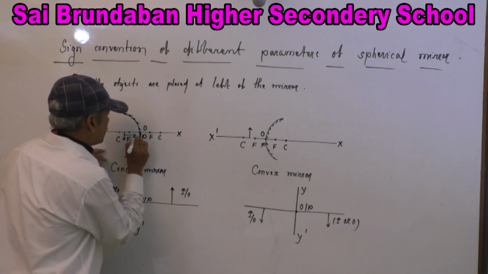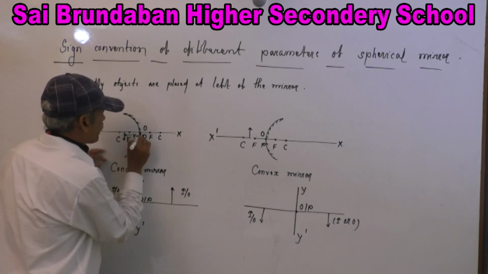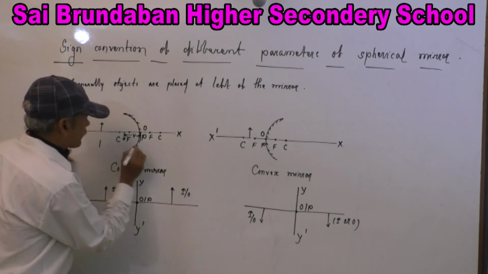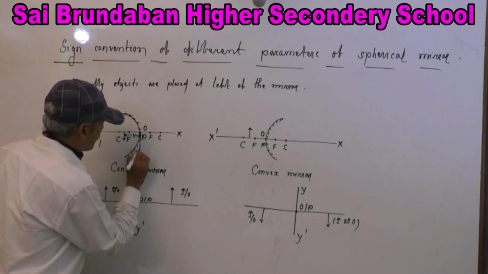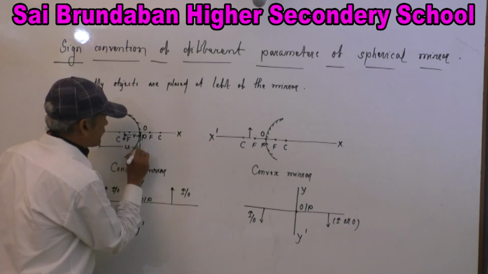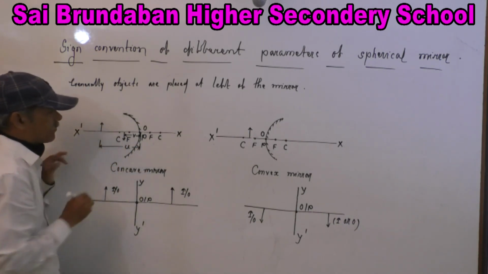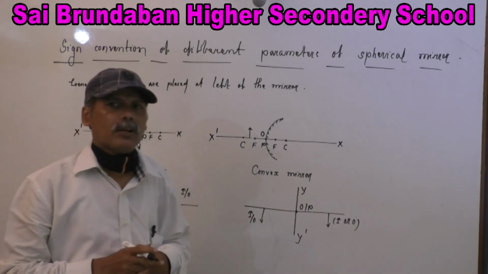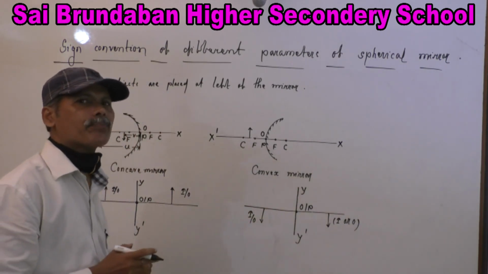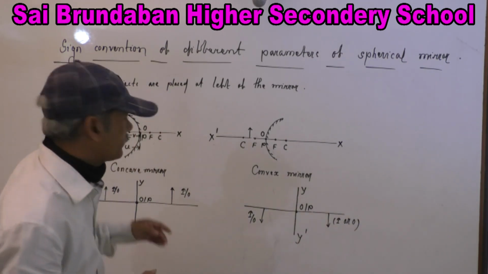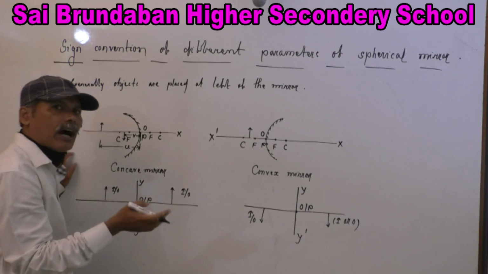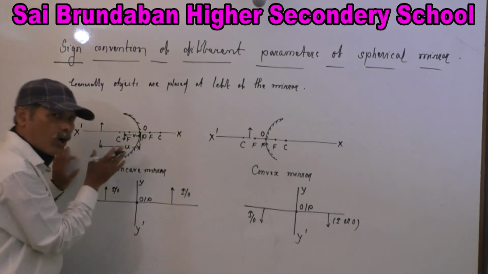This is the image distance, and this is the object distance. In this case, both the image distance and the object distance are taken to be negative because both u and v are measured on the negative x-axis.